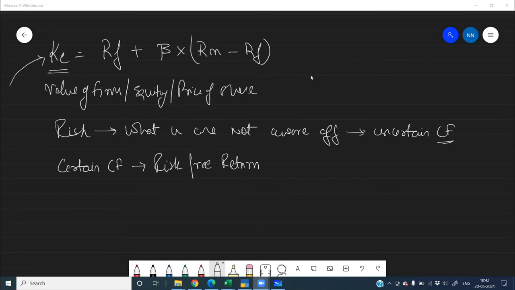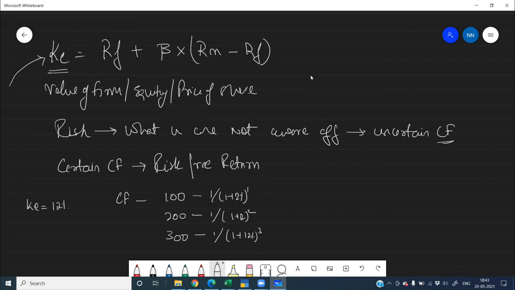So if I tell you that my cash flow was 100, 200, 300, okay, my cost of equity was 12%, then what you would have done is 1 plus 12% raised to the power 1. इसको आपने डिस्काउंट किया होता 1 plus 12% raised to the power 2. इसको आपने डिस्काउंट किया होता 1 plus 12% raised to the power 3 के साथ.